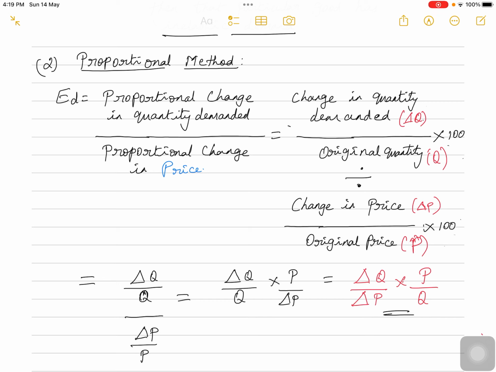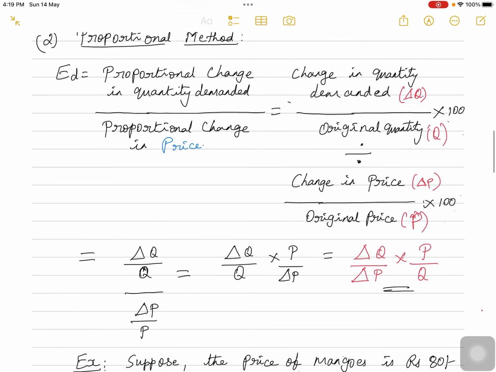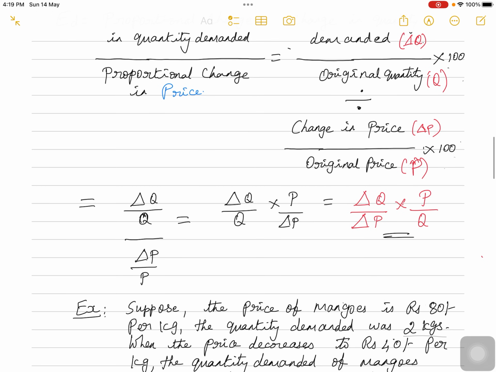That is divided by change in price, delta P, divided by original price P into 100. Written as an equation, it is delta Q divided by Q, divided by delta P divided by P.